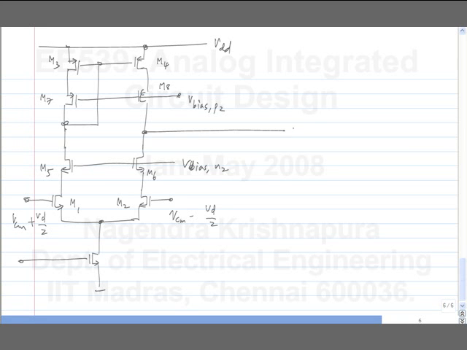This is the output. Now, this is known as a telescopic cascode op-amp. Cascode because we have used cascodes in the amplifier, and it's called telescopic because we have things stacked on one another. The term telescopic is used for anything that has many things stacked on each other. So, we know the DC gain.